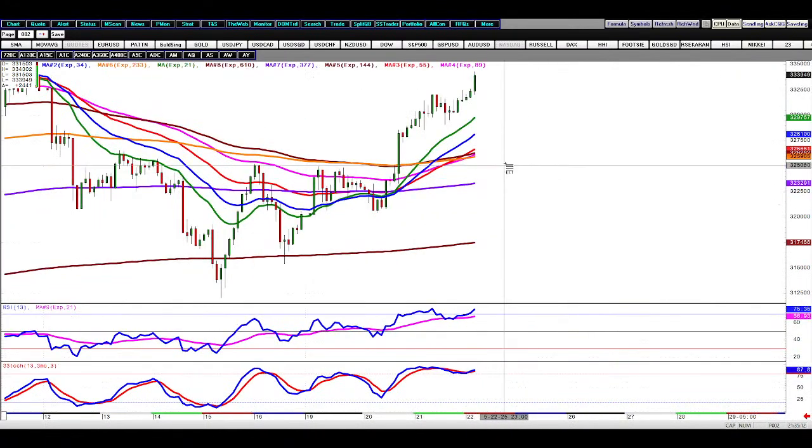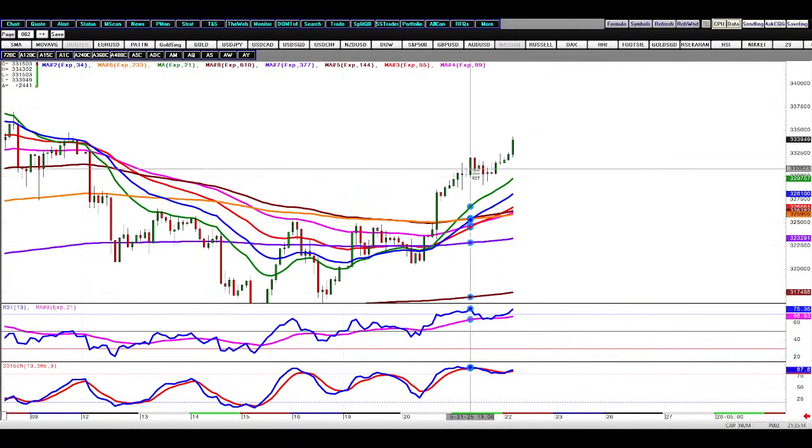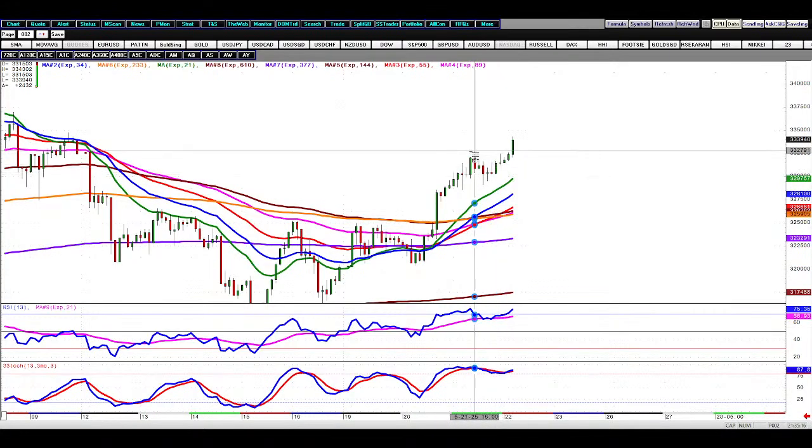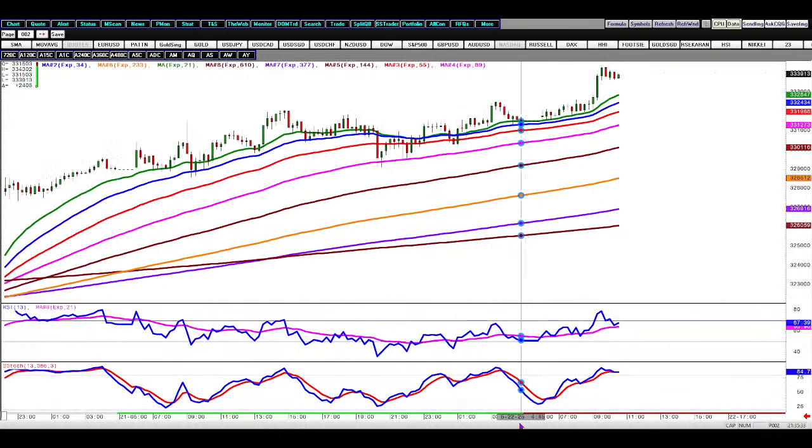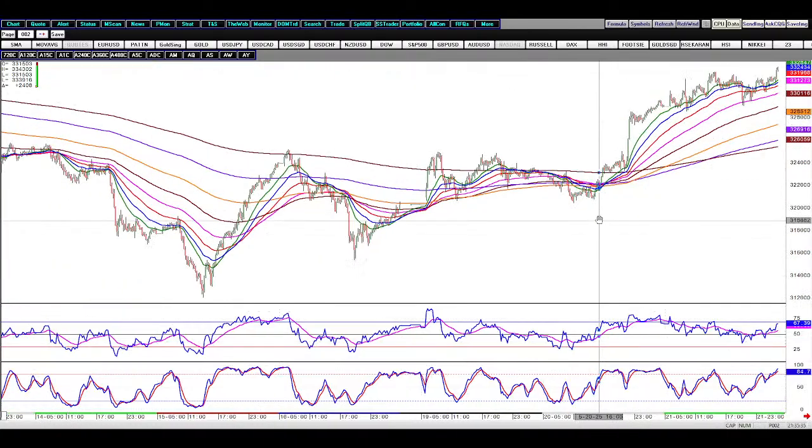This 2 hour chart is in a congestion, meaning the market is trading between this low of 3291 and 3320. So this is in a congestion on the 2 hour chart, but a trading range on the 15 minute.